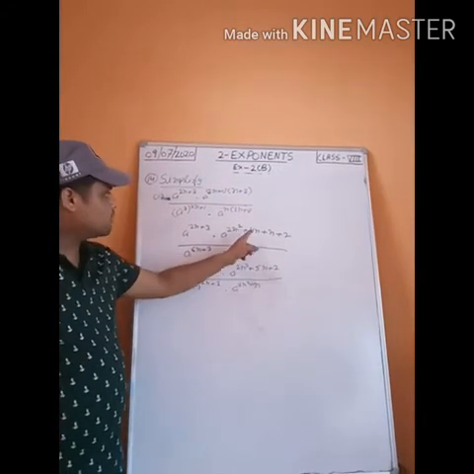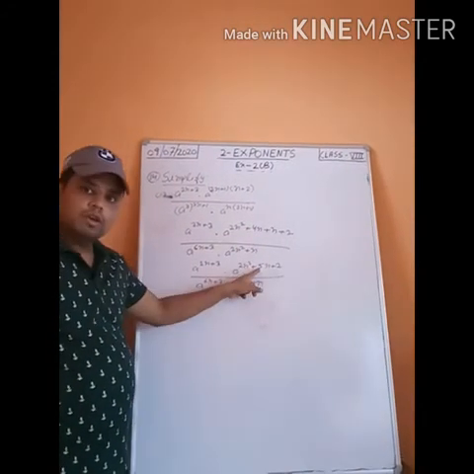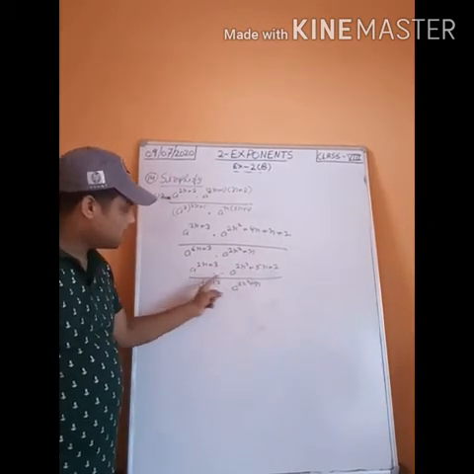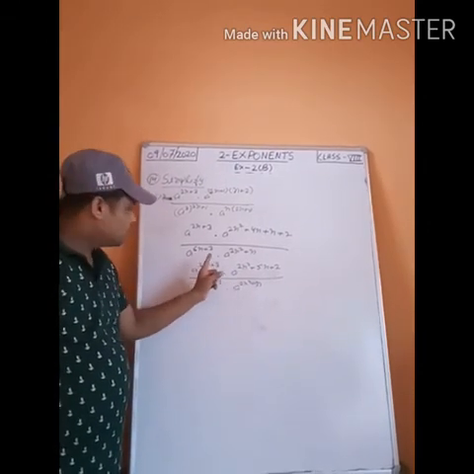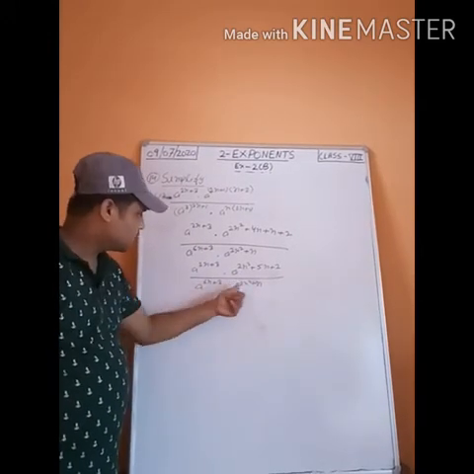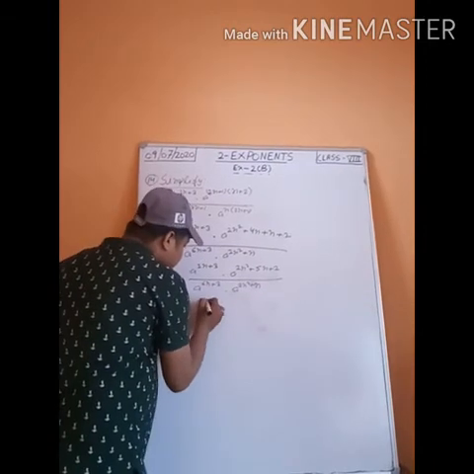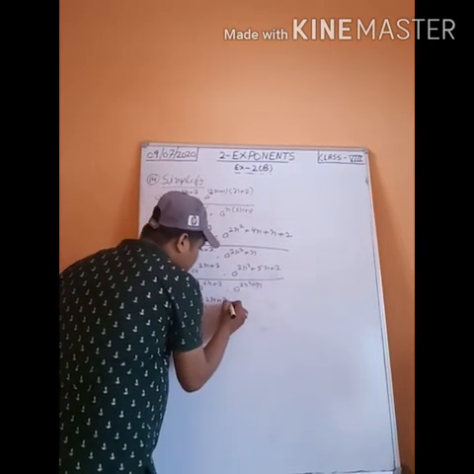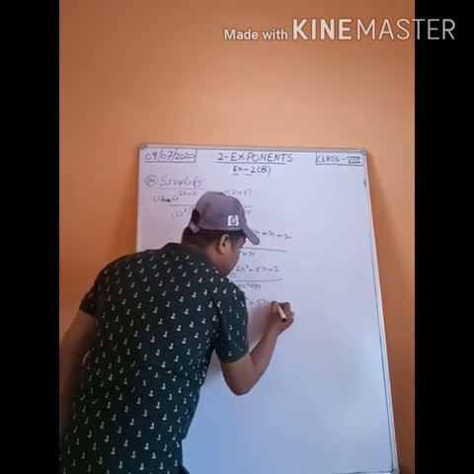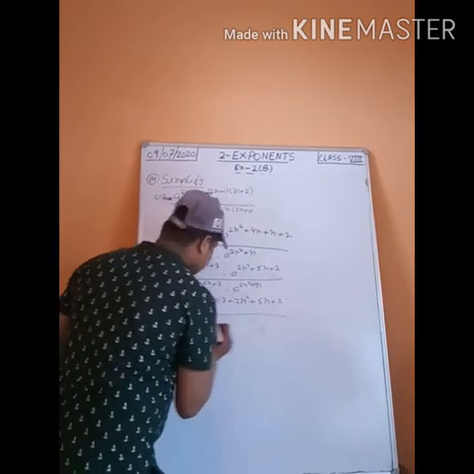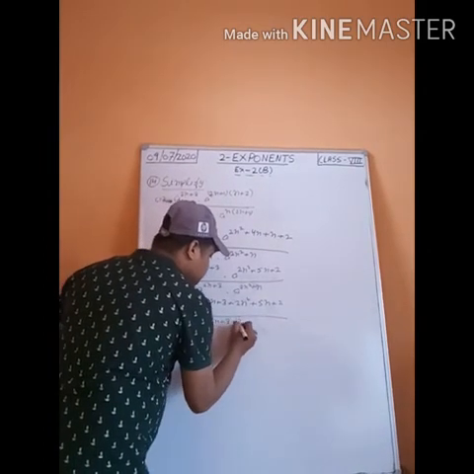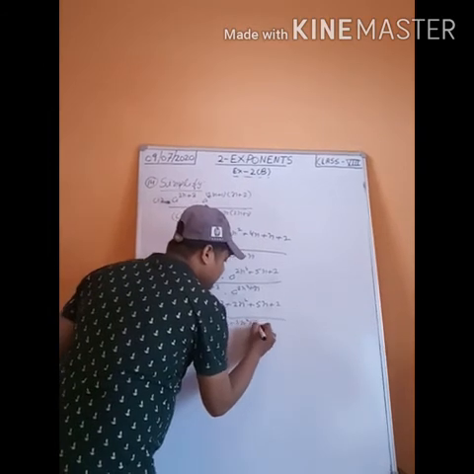After solving 4n plus n, 5n, we will add the powers. See, they both bases a are in multiply, so we can add. Here also they both are in multiply, we can add these. So a raised to the power 2n plus 3 plus 2n square plus 5n plus 2 upon a raised to the power 6n plus 3 plus 2n square plus n.